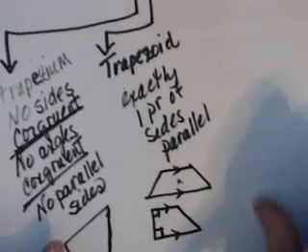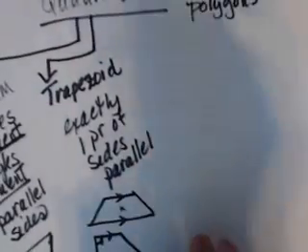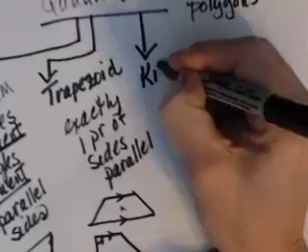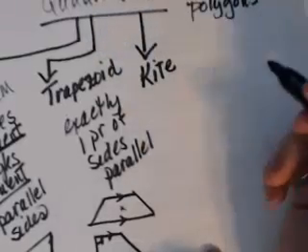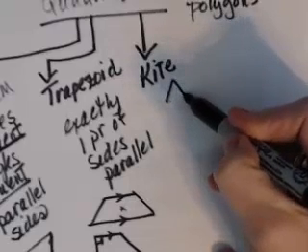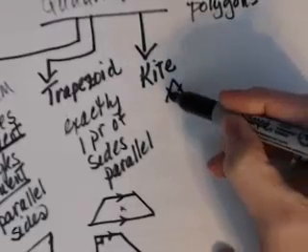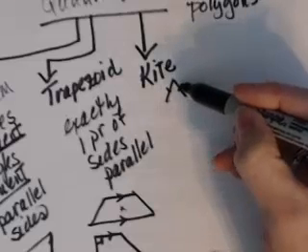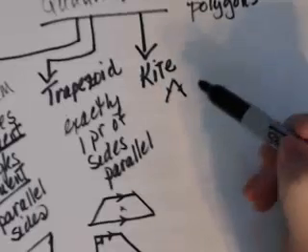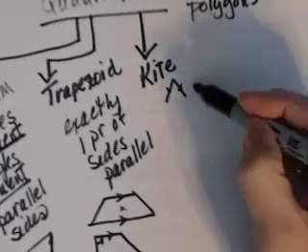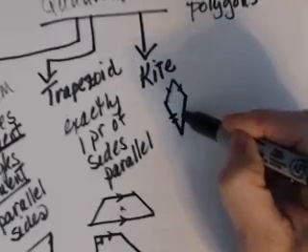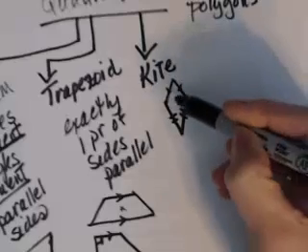Another member of the quadrilateral family is a kite. And what makes a kite special is that it has each pair of adjacent sides congruent. So these two would be congruent, and then these two would be congruent.